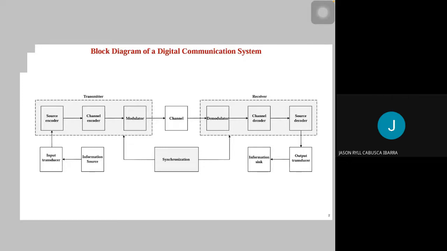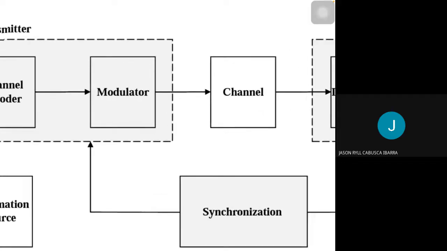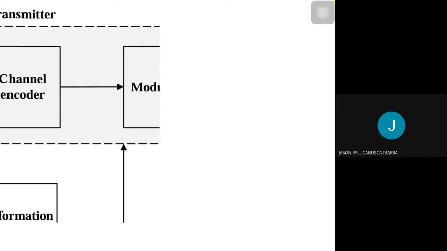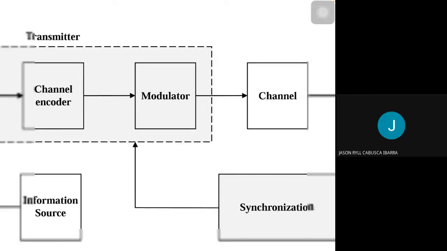So again, for the next few seconds, try to observe that these are the essential block diagrams of a digital communication system. Now, what's new here, before that: if this device, the modulator, could also serve as a demodulator, if this particular circuit or technology can be reciprocal, it can be reversed.